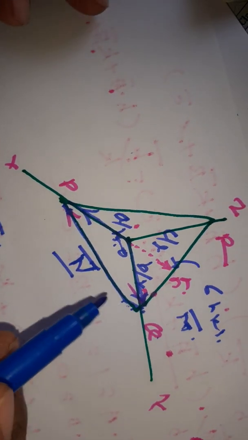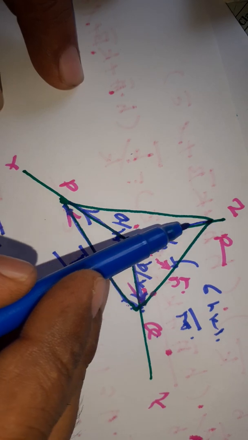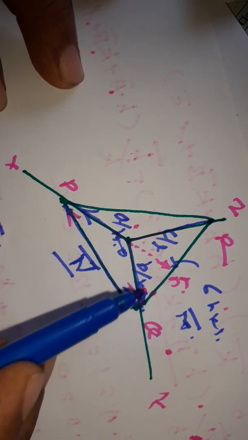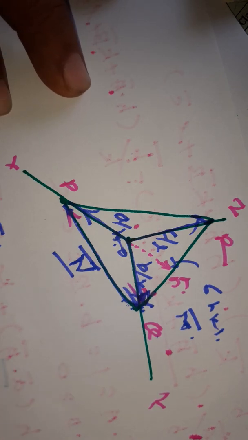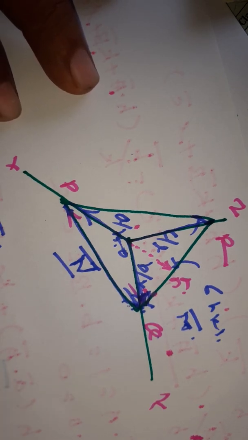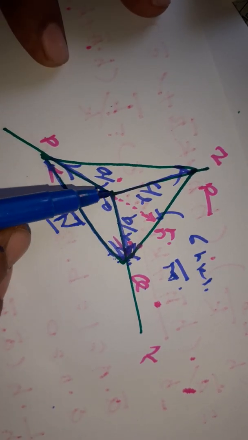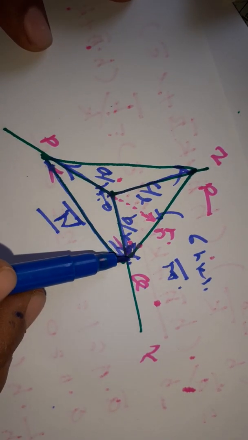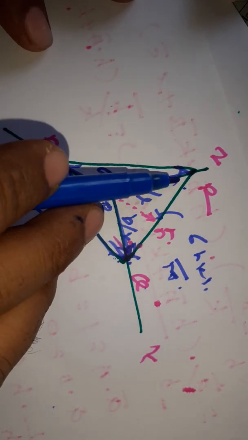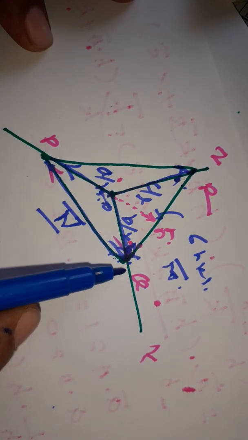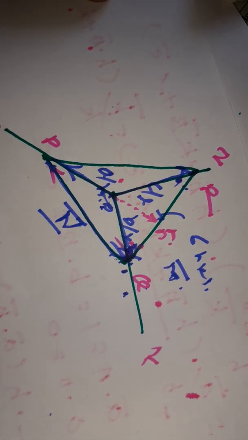So you should only use this triangle law for the second step. The equation is PQ plus OR plus RQ is equal to OQ. So we got the equation that is equal to 0.